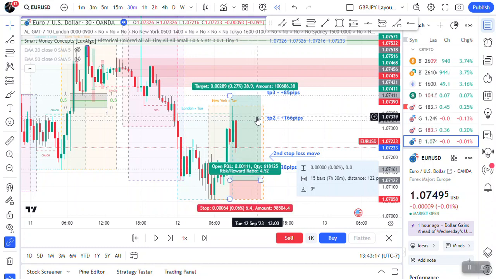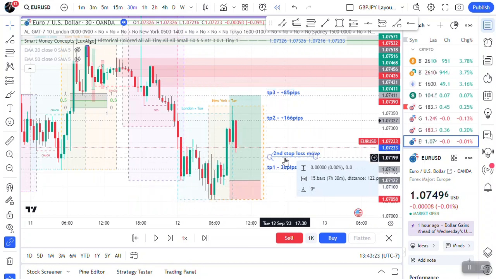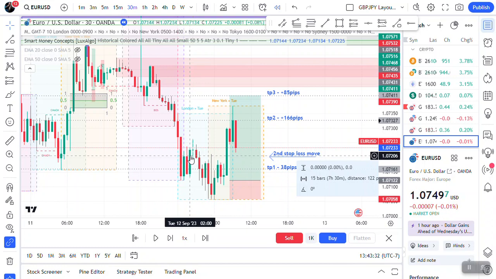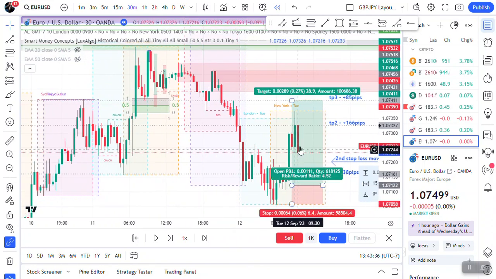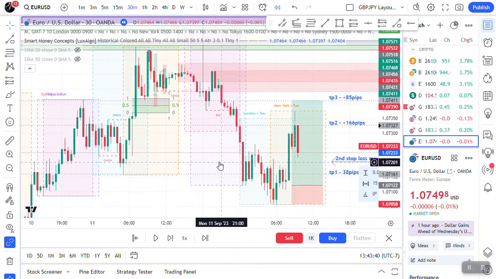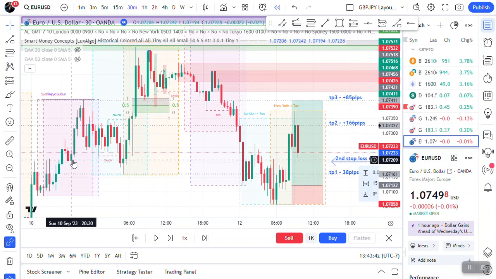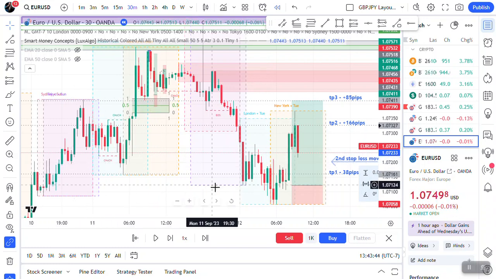Not only that, I moved my stop loss from the TP1, and I moved it to about here. I didn't move it all the way up to TP2, but I moved it here because you see I have some areas of support here. And if I go all the way down here, you can see all along this line I had areas of support and resistance.